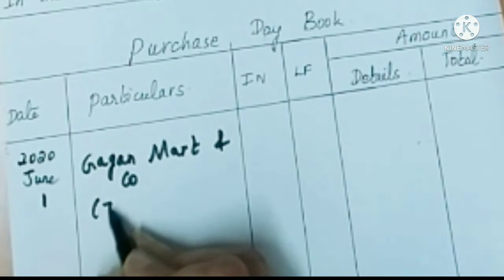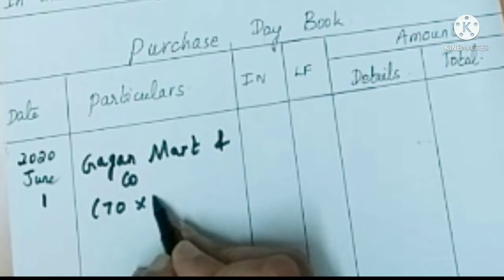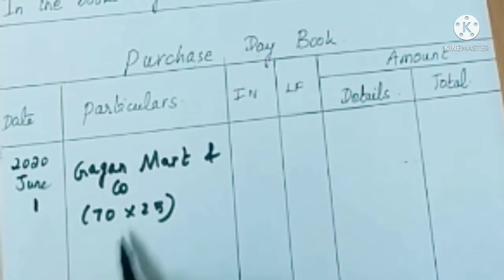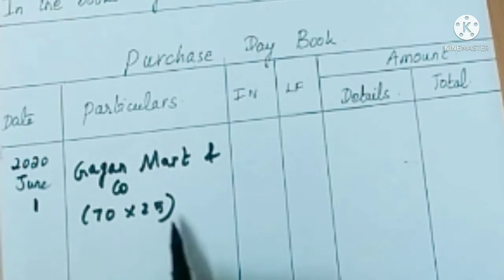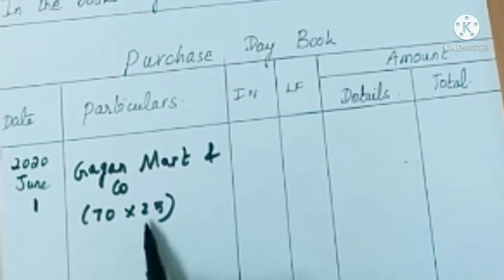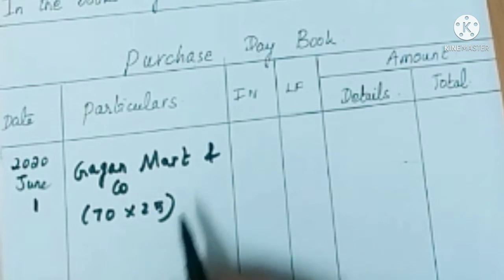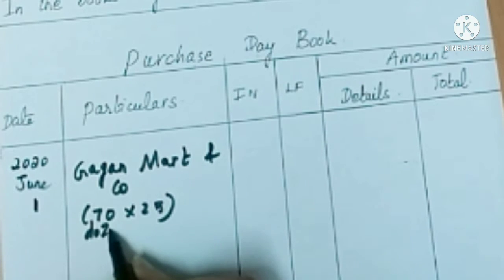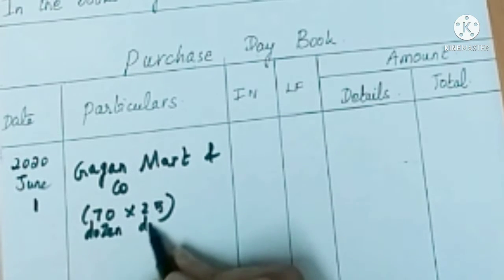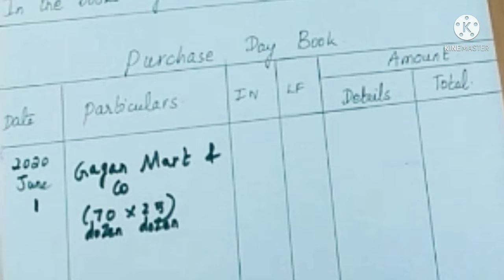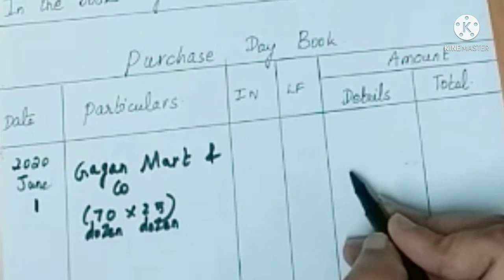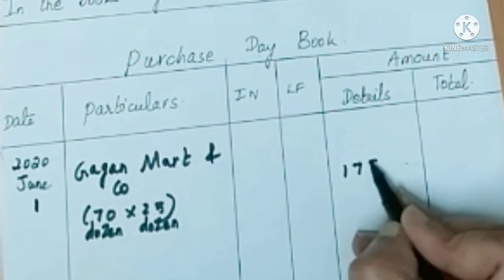So 70 into 25, that is 70 dozens into 25 per dozen. So I will write 70 dozens, 25 per dozen. So how much does it cost? It costs rupees 1750. So I'm going to write this 1750 in this details column.